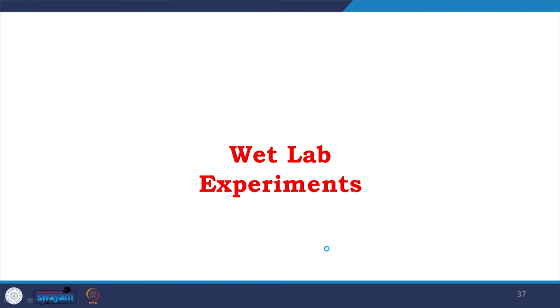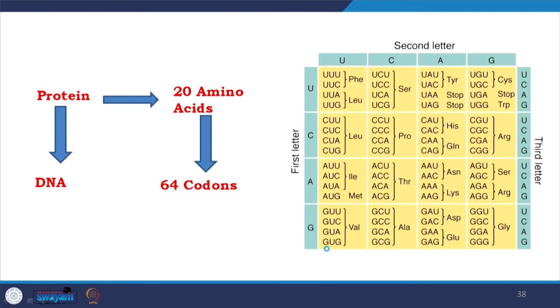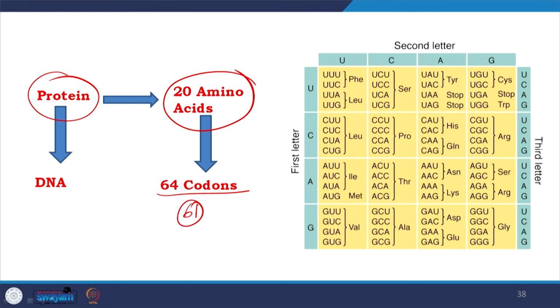So, coming to wet lab experiments, what we have done now is we have designed a protein. As you know, when we do the wet lab experiment, you cannot do that on protein. So, we have to go to the DNA. As we all know, we have 20 amino acids, and for these 20 amino acids there are 64 codons, 61 specifically for these 20 amino acids and 3 are stop codons.